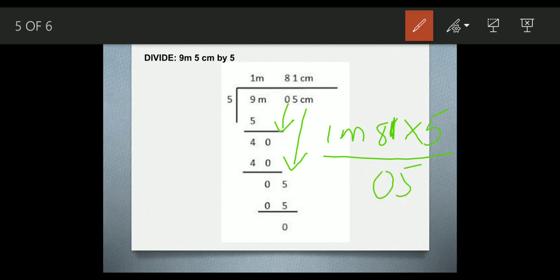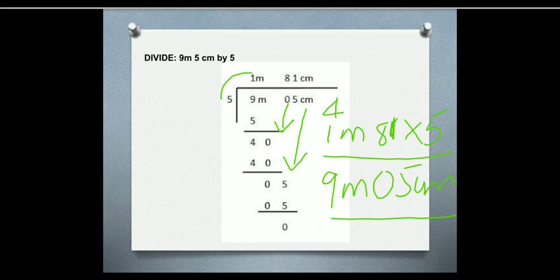In that, 0 I'll put here, and 4 I'll take as a carryover. 5 ones are 5, 5 plus 4 is 9. So here it comes under meter, and this will be centimeter. Did you see? You get 9 meter and 5 centimeter. When you multiply the quotient and the divisor, you should get your dividend. Once you get your dividend, it means your answer is right. Clear? So this is how you can verify your division.